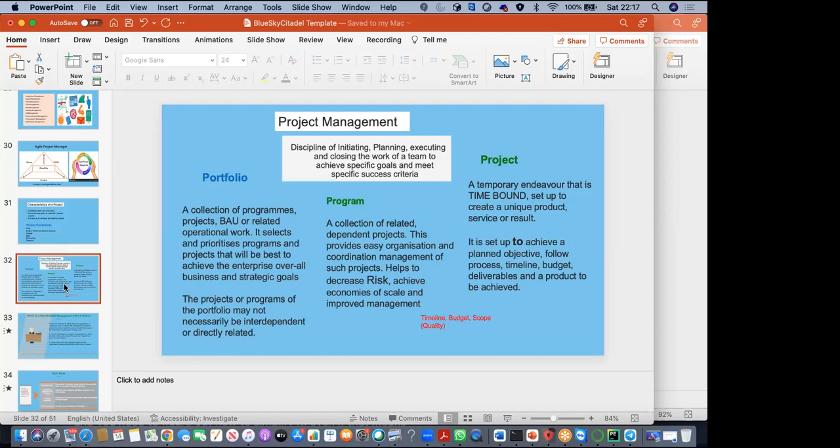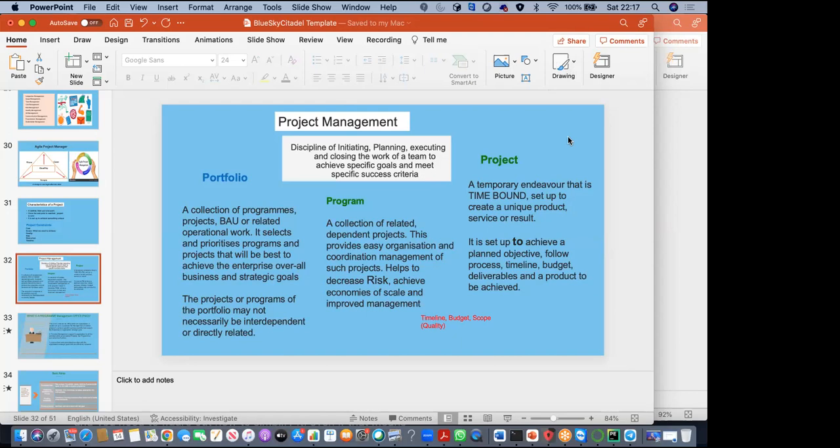A project is a temporary endeavor that is time-bound and set up to create a unique product, service, or result.